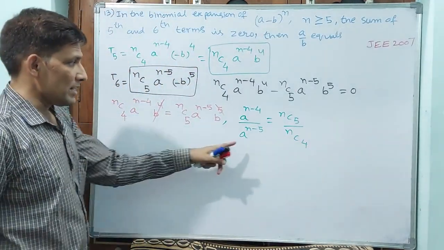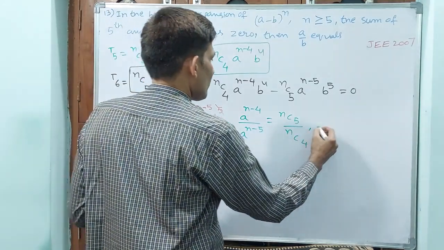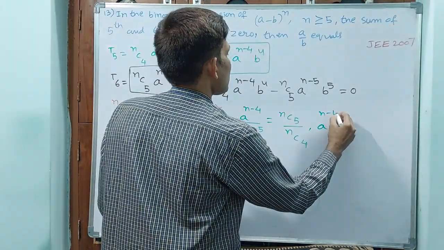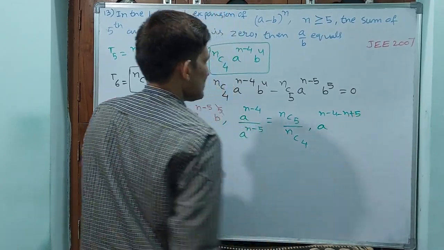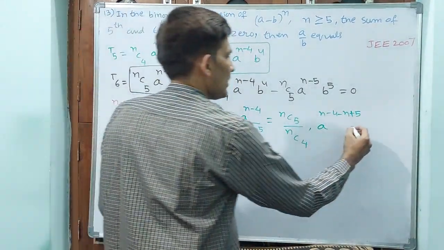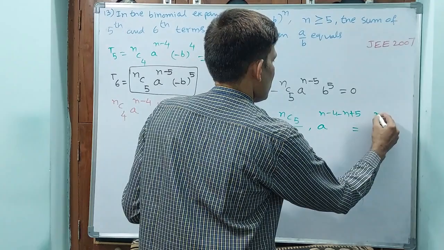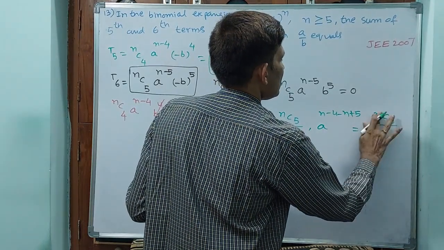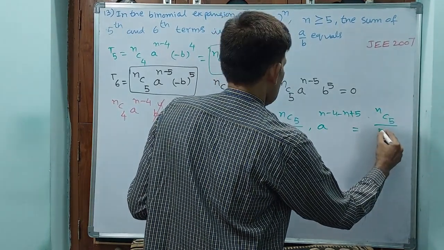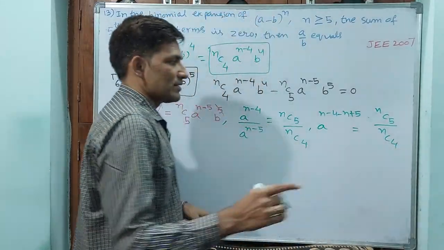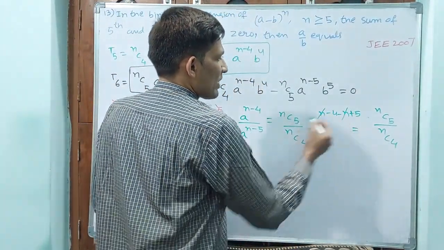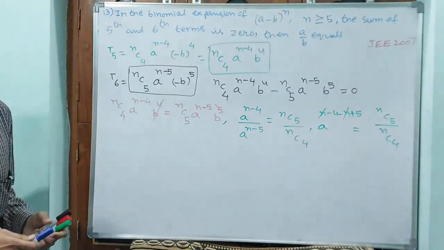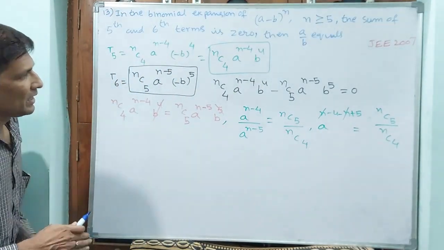You see here, a power n minus 4 minus n plus 5, is equal to nC5 by nC4. This time you keep it like this only, next we will make the expansion. You see, n minus n, 5 minus 4 is 1, that means it is going to become a, that's all.